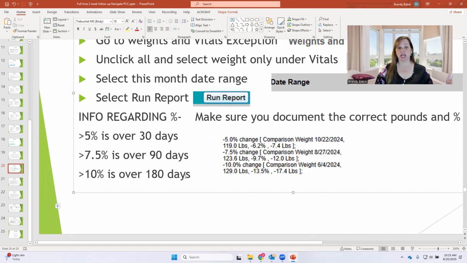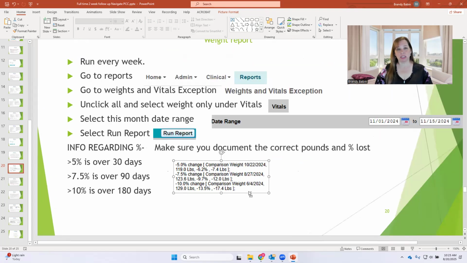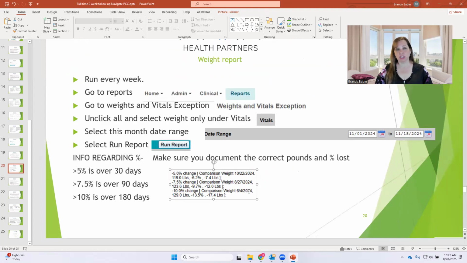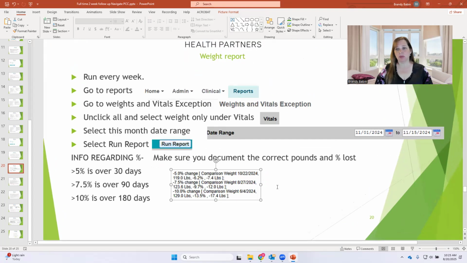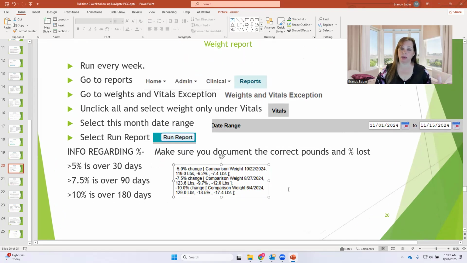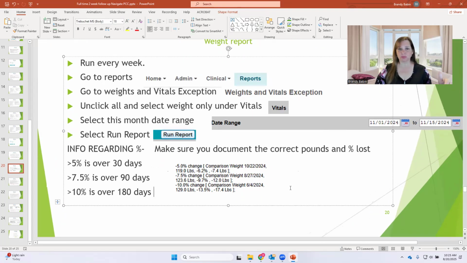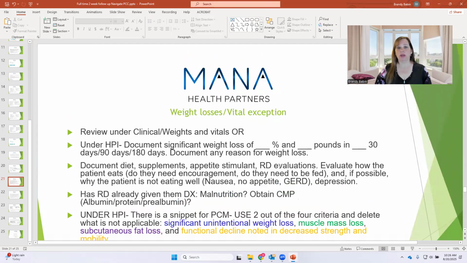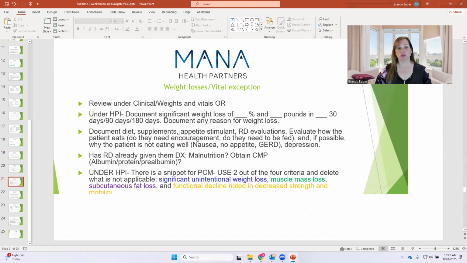Now, if they still have a weight loss that is triggering for significant over the last 6 months, you would absolutely document on this patient. So that's how that reads. It's a little bit difficult to understand sometimes, but this is based on the MDS. So I'll bring that. Weight losses and the vital exception.